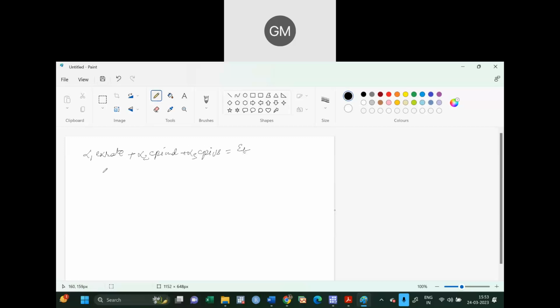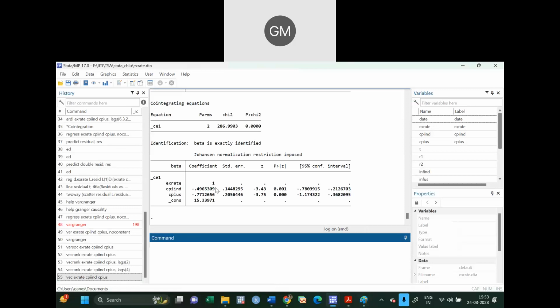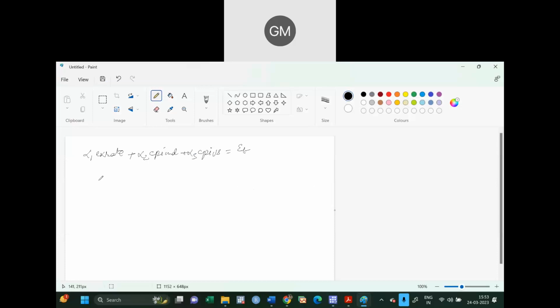So when we get the equation where the coefficient is 1 for the exchange rate, what we precisely mean is that X rate plus alpha 2 by alpha 1 CPI India plus alpha 3 by alpha 1 CPI US equals 1 upon alpha 1 epsilon t.